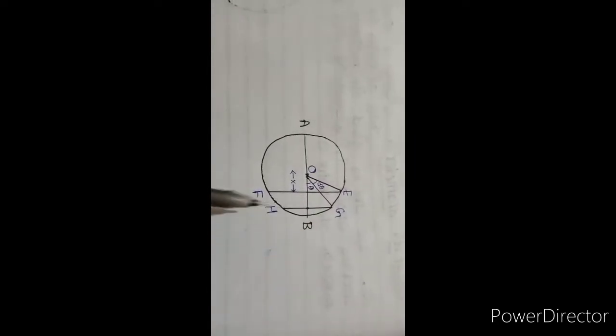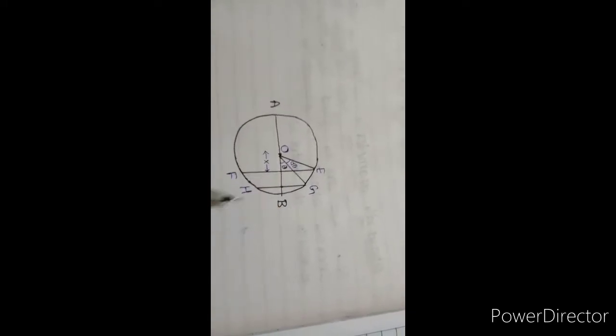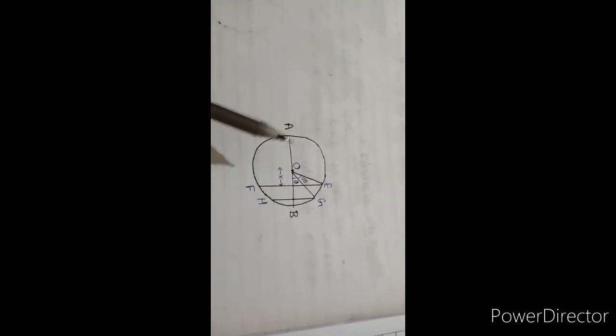If you cut the sphere along EF and GH, you will get a ring, and if it is thin, the thickness of the ring will be very small.